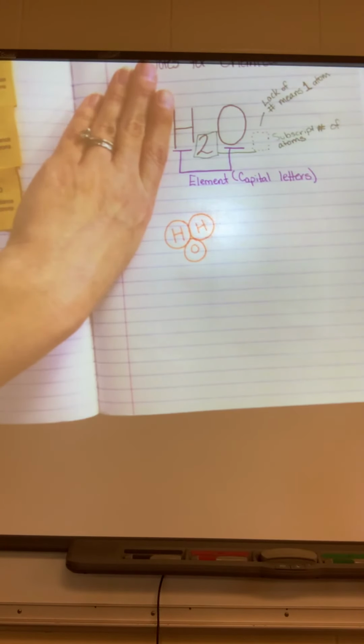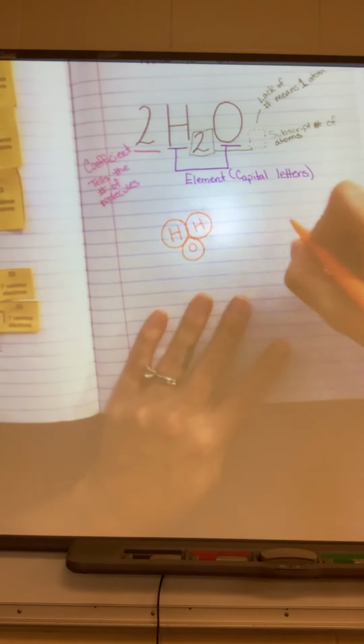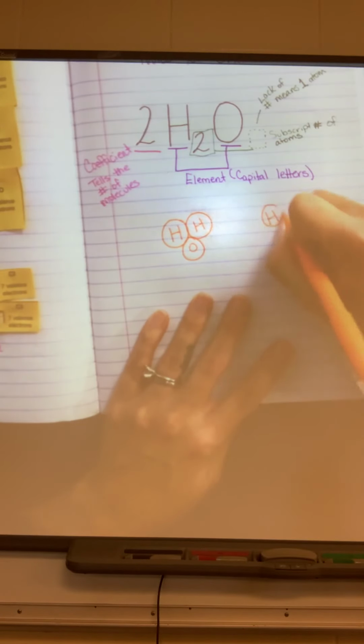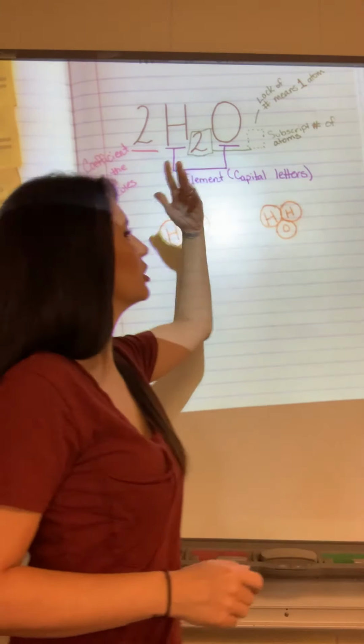There's one water molecule. One molecule of water. When I lift my hand up, I see it twice, so I draw it again, but my molecules will not touch each other. If they do, then I have one giant molecule of, it would actually be H4O2, because if they were touching, it'd just be one molecule.